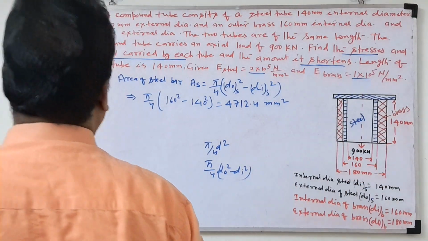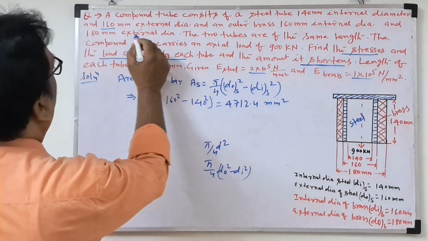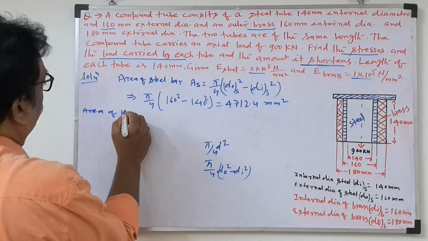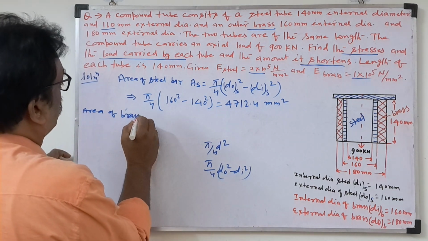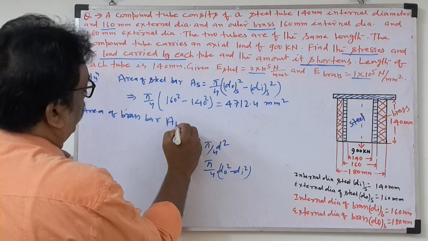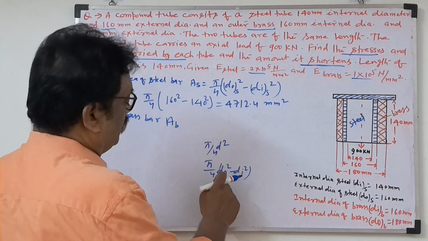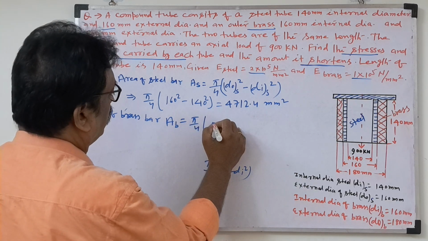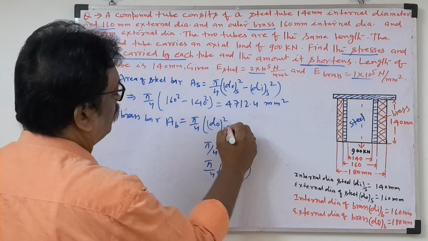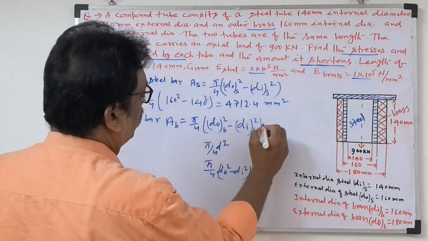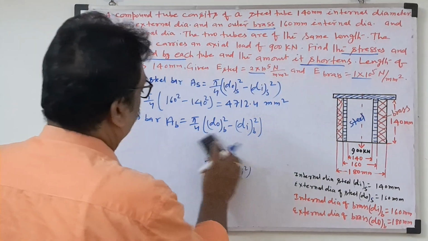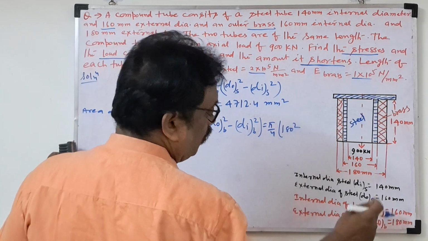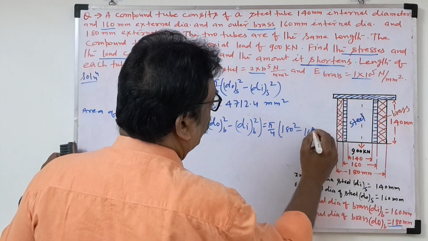Now the area of the brass bar, the outer bar. The symbol we are taking is AB. This is also a hollow bar, so we write pi by 4 into (D0B square minus DIB square). Now substituting the values: pi by 4 into (180 square minus 160 square).